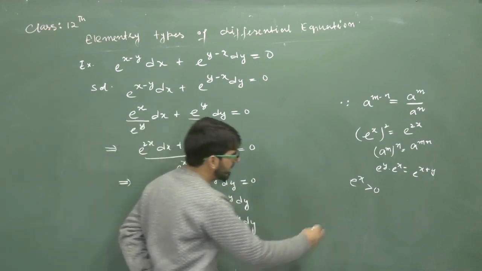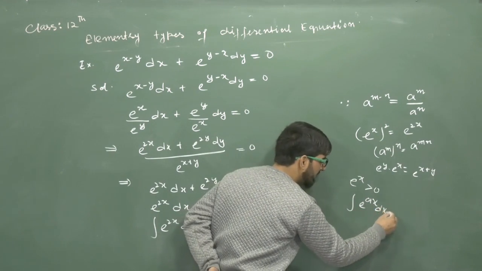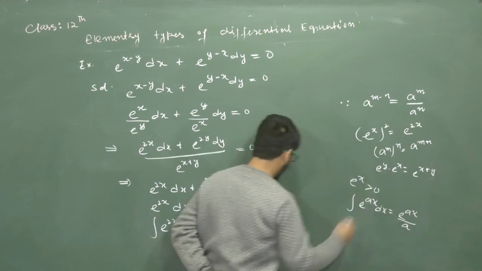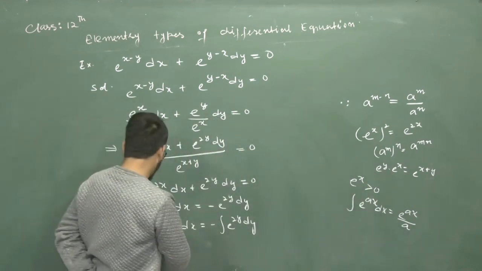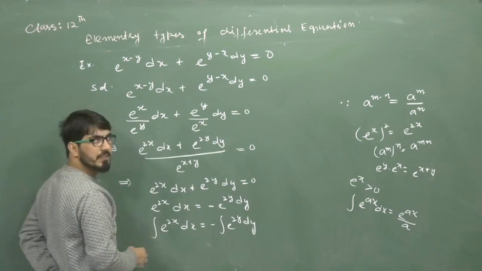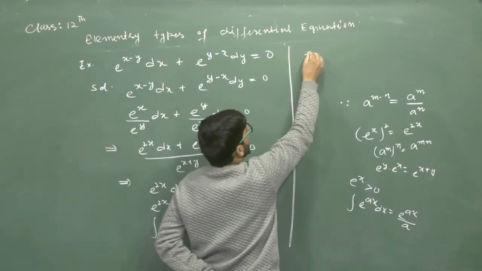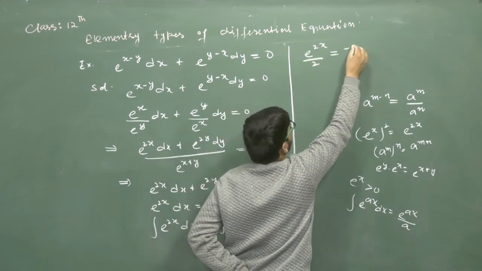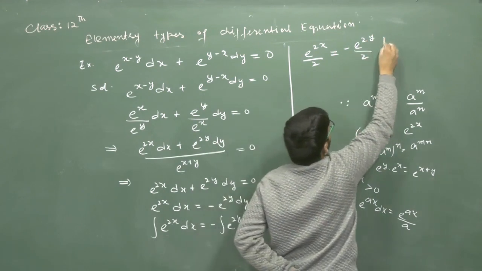As we know that the integral of e raised to power ax dx is equal to e raised to power ax upon a, so the integral of e raised to power 2x dx is equal to e raised to power 2x by 2 is equal to minus times e raised to power 2y by 2 plus c.